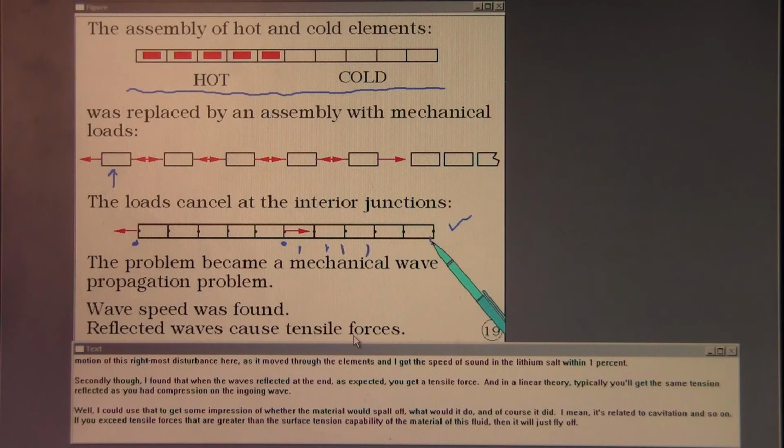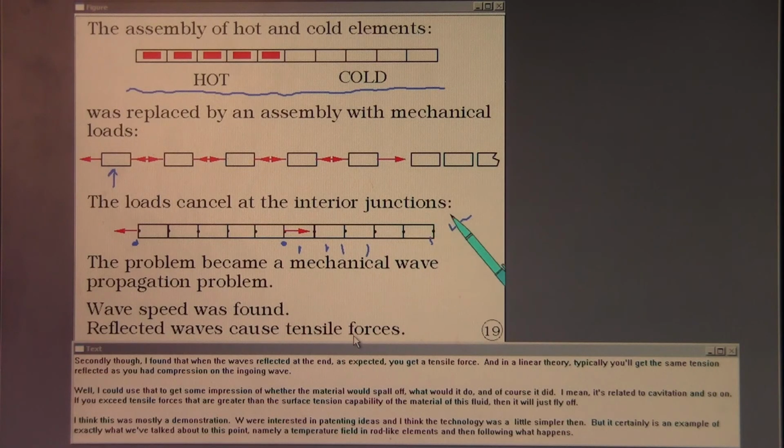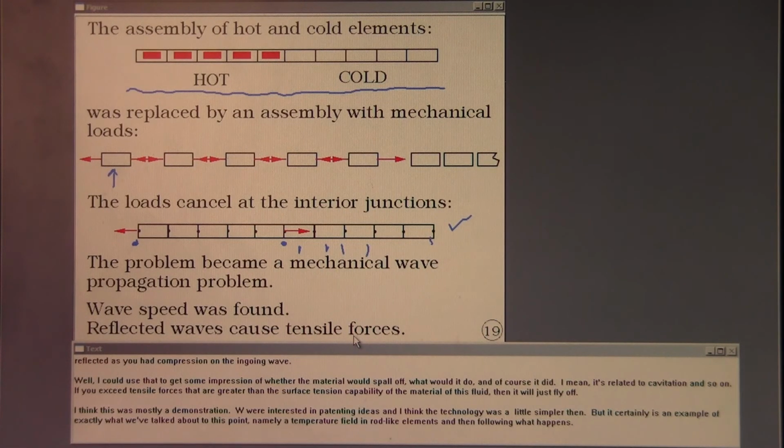And in a linear theory, typically you'll get the same tension reflected as you had compression on the ingoing wave. Well, I could use that to get some impression of whether the material would spall off, what it would do, and of course it did. I mean, it's related to cavitation and so on. If you exceed tensile forces that are greater than the surface tension capability of the material of this fluid, then it will just fly off.